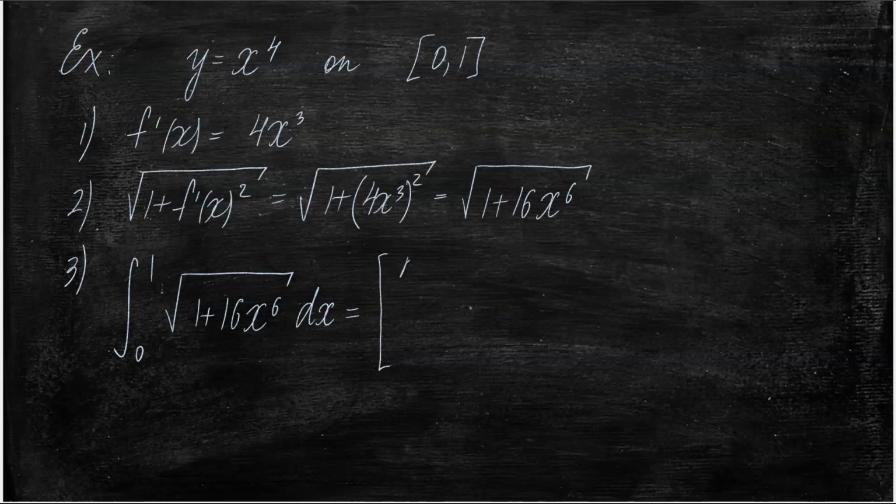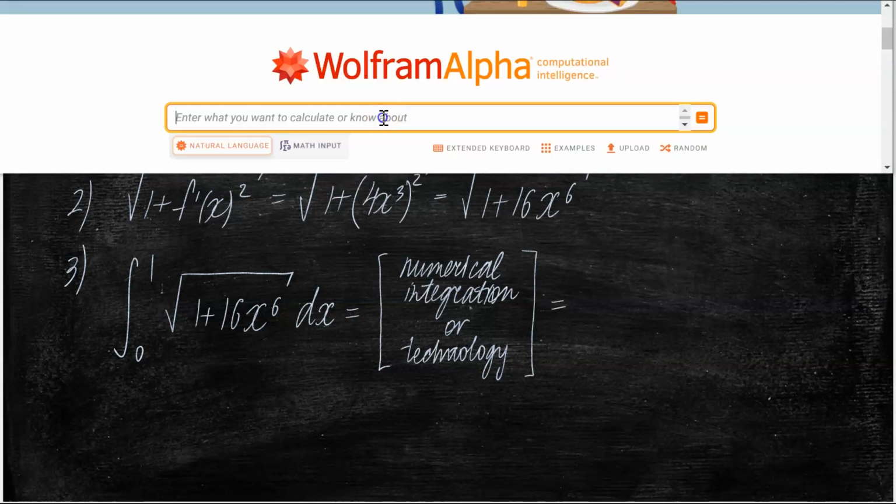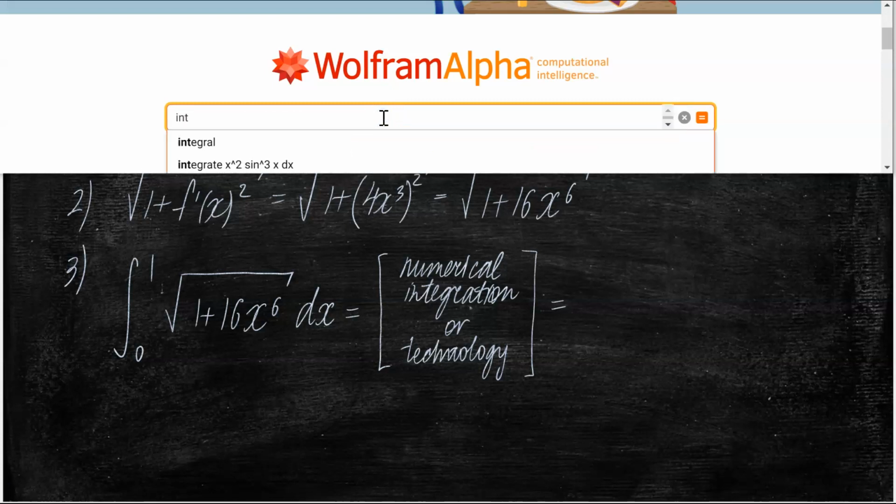So we're either going to use numerical integration, that is, we would just use Simpson's rule or something like that, or we can simply use technology. Whichever way you prefer, I'm just going to open Wolfram Alpha and type this problem.